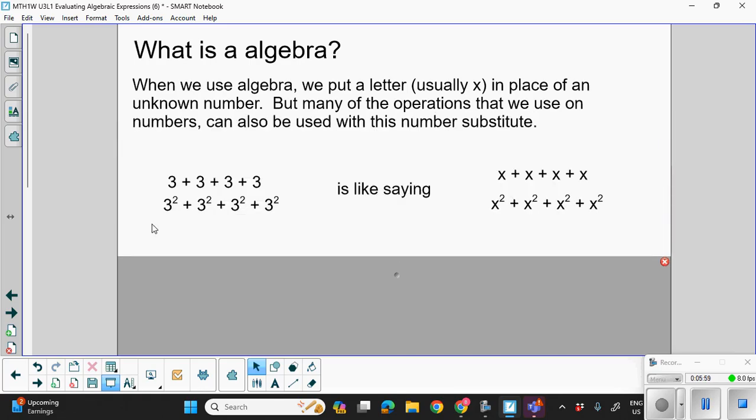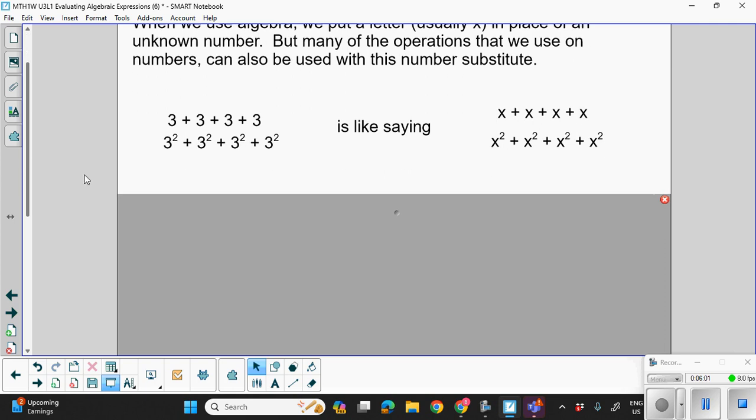So for instance, if I have 3 plus 3 plus 3 plus 3, and if I talk about it with algebra, it'd be like x plus x plus x plus x. If I do 3 squared and I have 4 of them, that would be like taking the x and squaring it 4 times. So you can see that that's roughly what it's looking at.